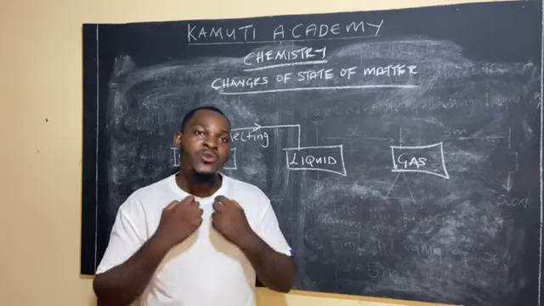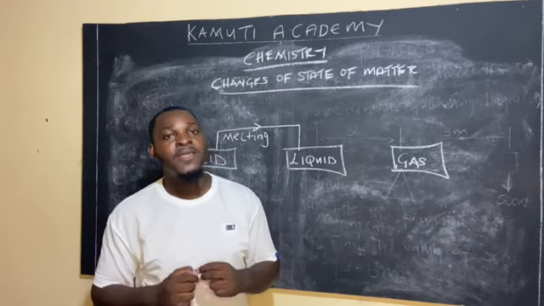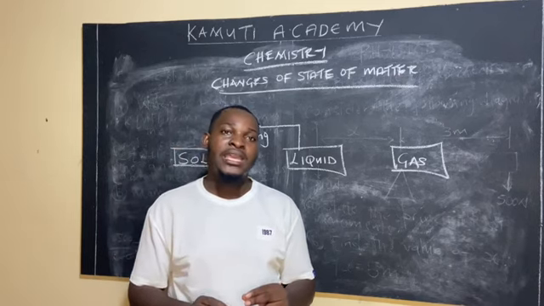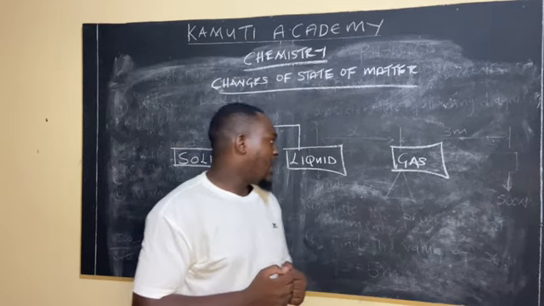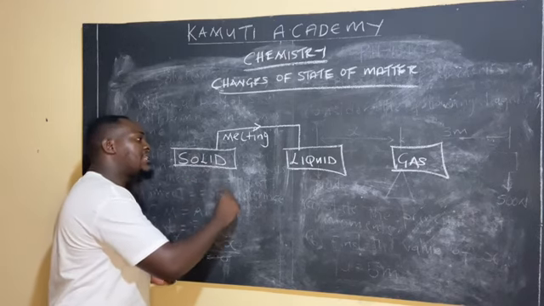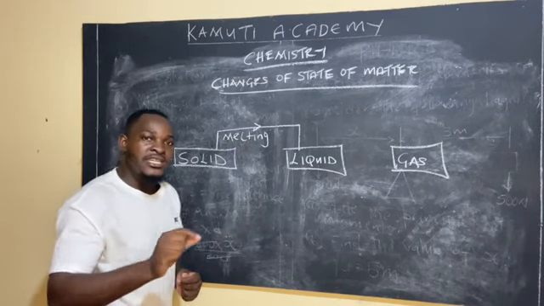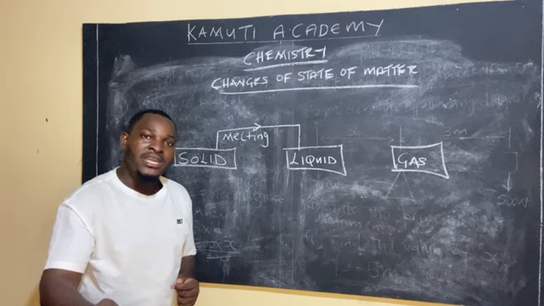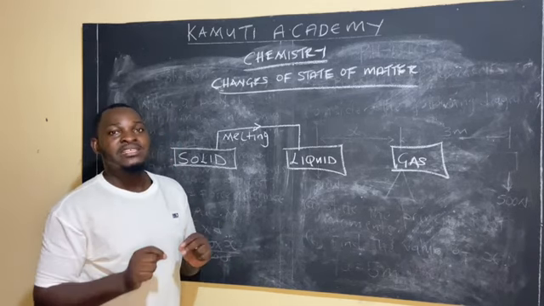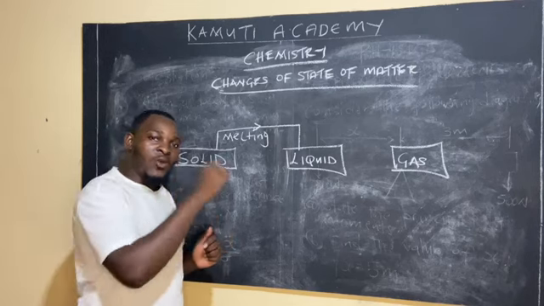Endo means inside. Then an exothermic reaction is a type of reaction where heat is released. Therefore, we also want to find out when a solid has turned into a liquid, is it an endothermic reaction or an exothermic reaction? Those are the answers I want you to be putting in the comment section.